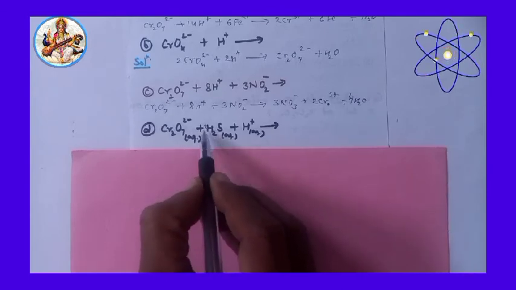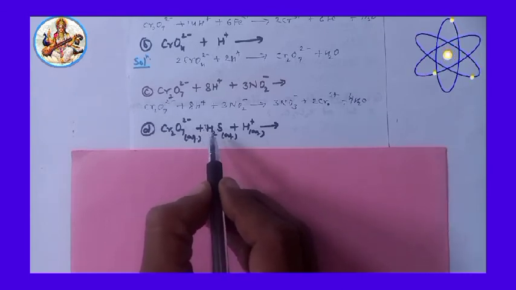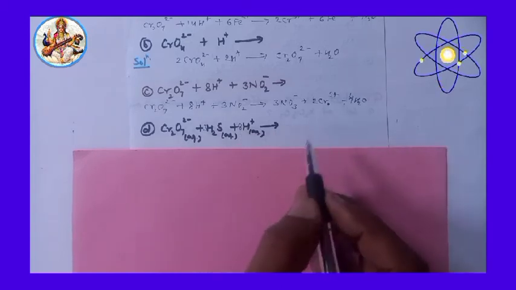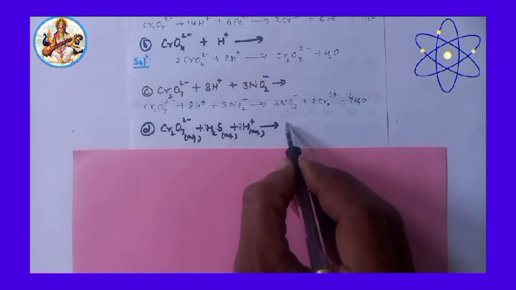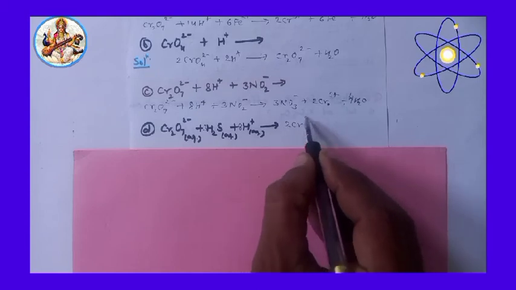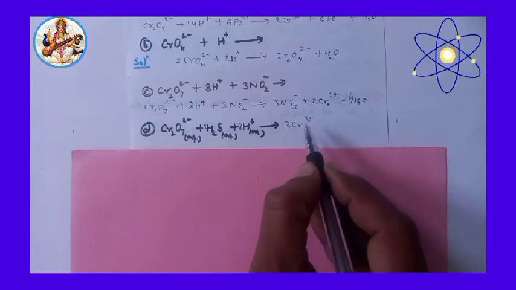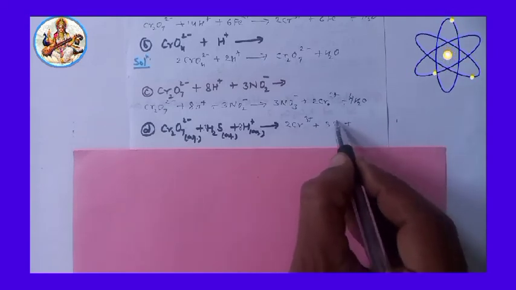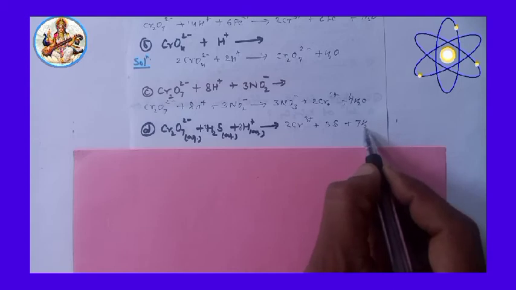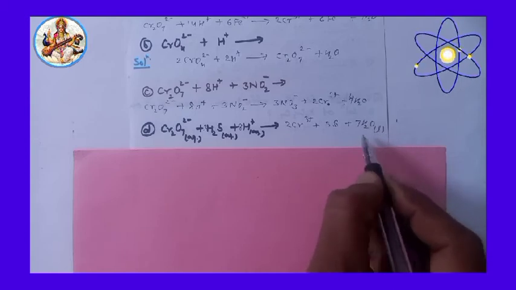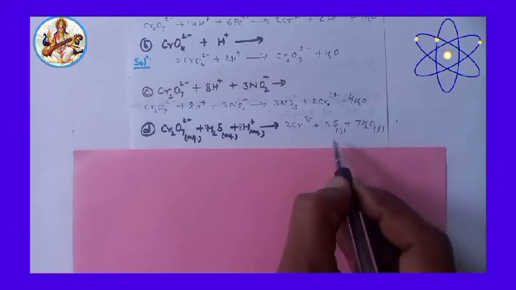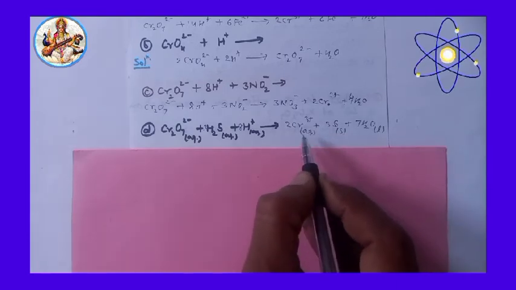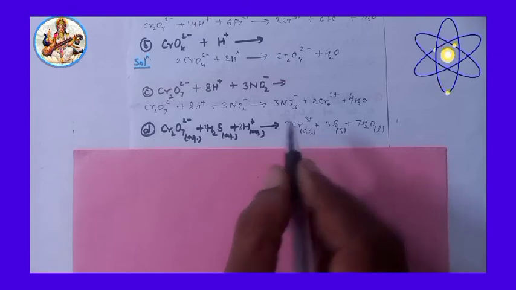The balanced chemical equation: 3H2S plus protons converts into 3 chromium ions, 3S sulfur, 7H2O. Water is in liquid form, sulfur in solid form, and ions in aqueous solution.